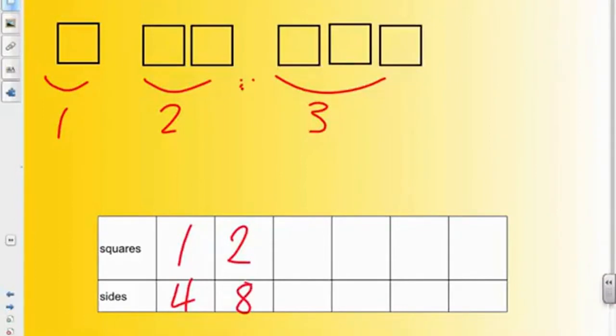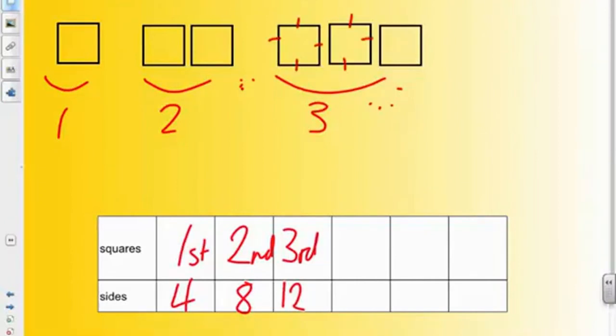It's 8. What about our third term, which has 3 squares? I have to count them: 12 sides. I didn't really let you sort that one out, but I just counted all the sides up.